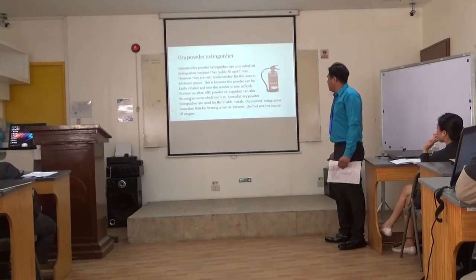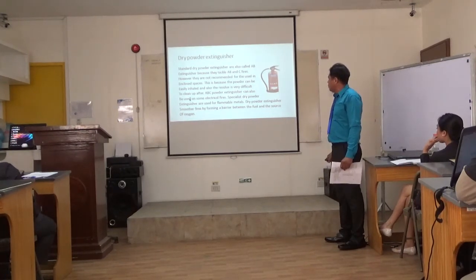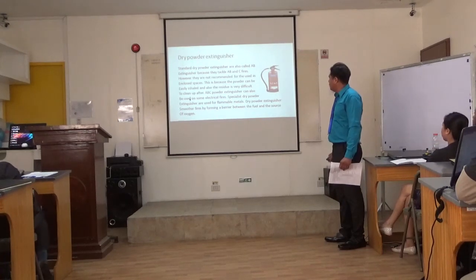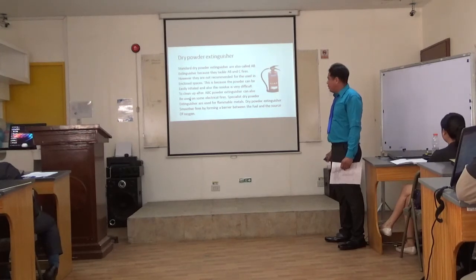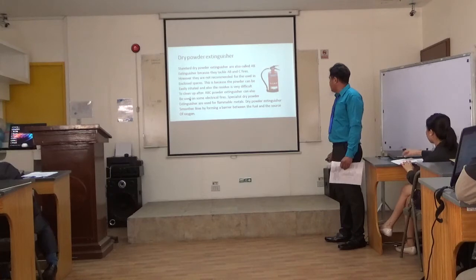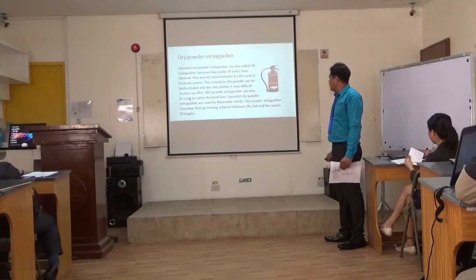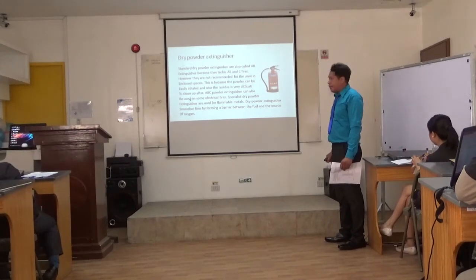This is because the powder can be inhaled and also the residue is very difficult to clean up after. ABC extinguishers can also be used on some electrical fire, and special dry powder extinguishers are used for flammable metals. Dry powder extinguishers smother the fires by forming a barrier between the fuel and the source of oxygen.